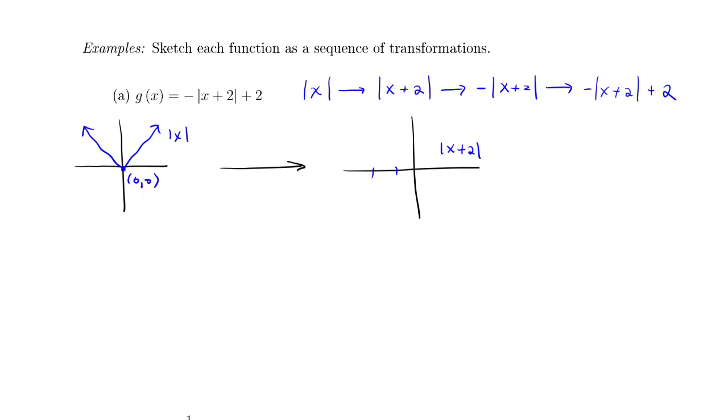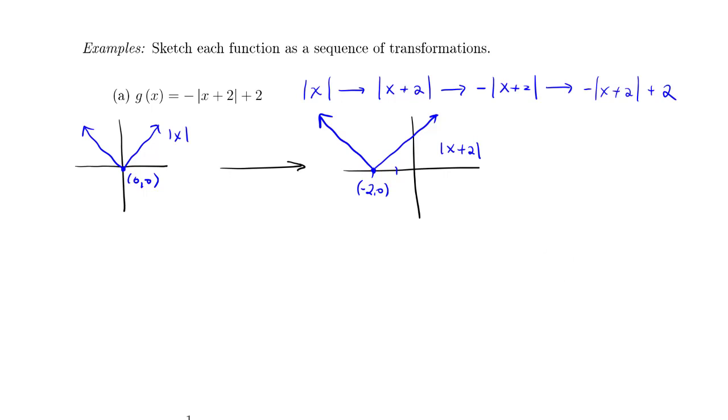So 1, 2. There's the new corner of the absolute value of x graph, and I just get this. Okay, so this point is now negative 2, 0, because I moved that 0, 0 point back 2 in x.